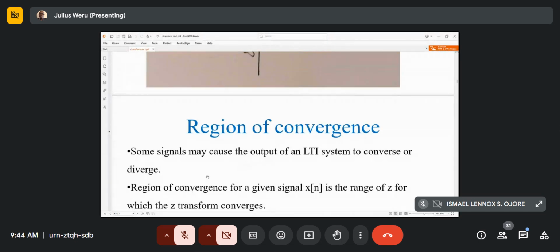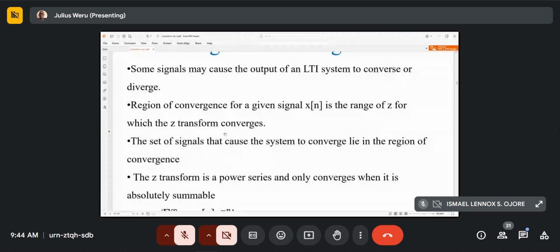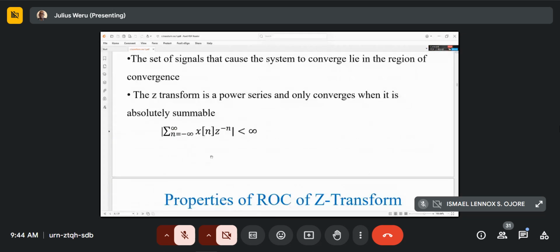So we are going to look at the region of convergence for a given x[n], which is the range of z for which the transform converges.